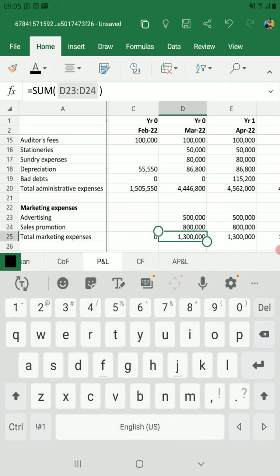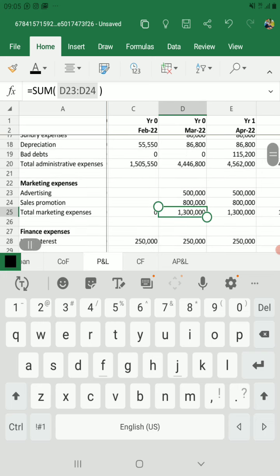Okay, so after doing those adjustments, let us now look at our annual cash flow.